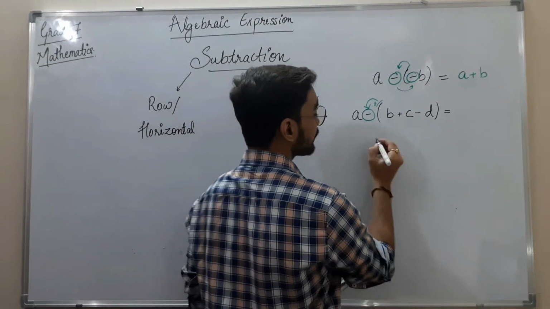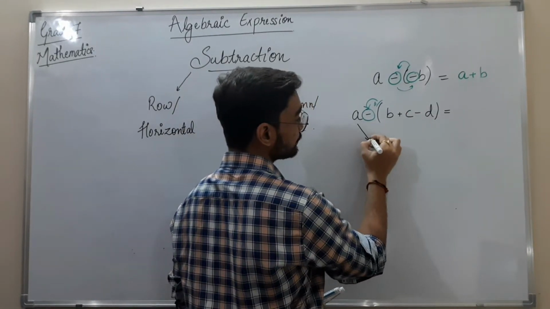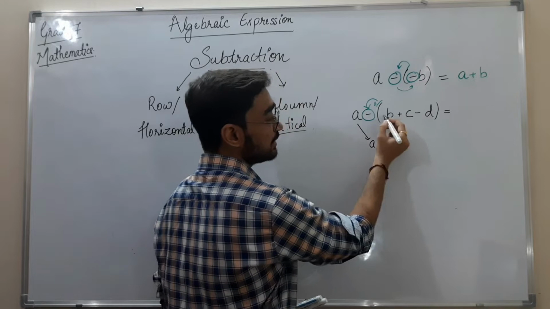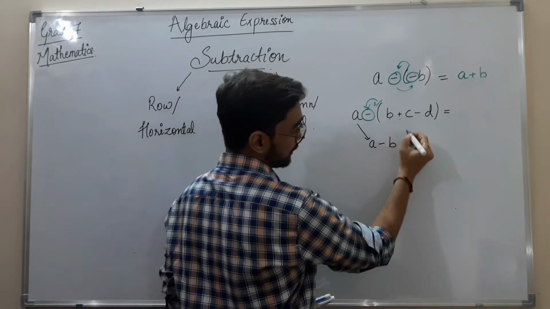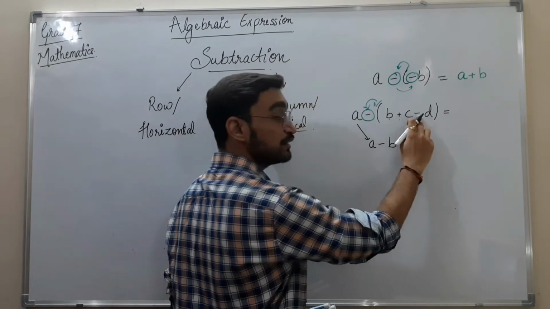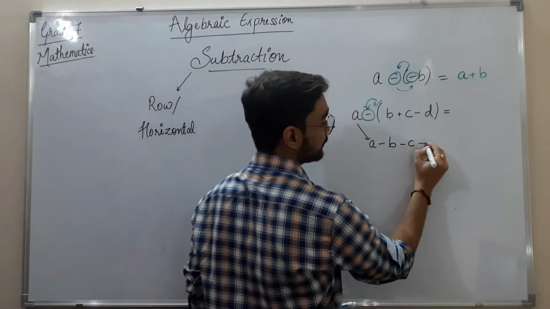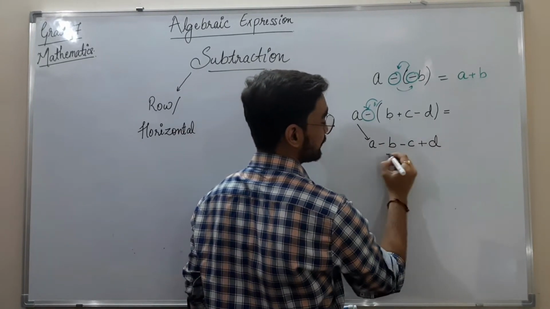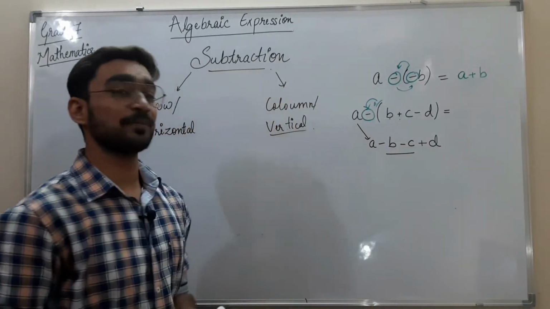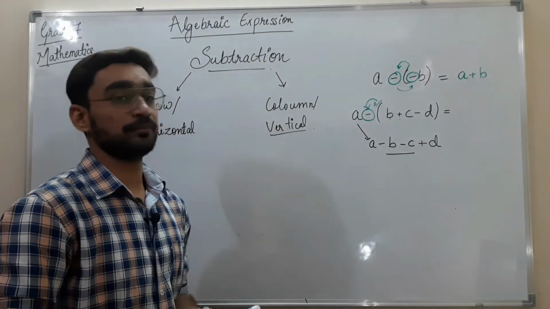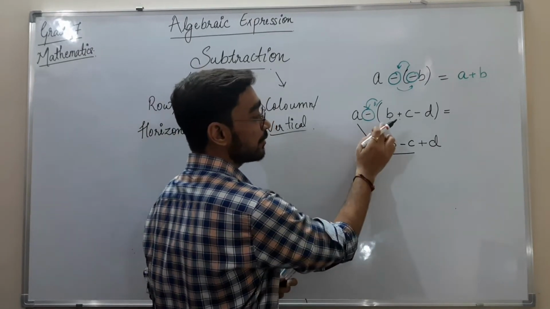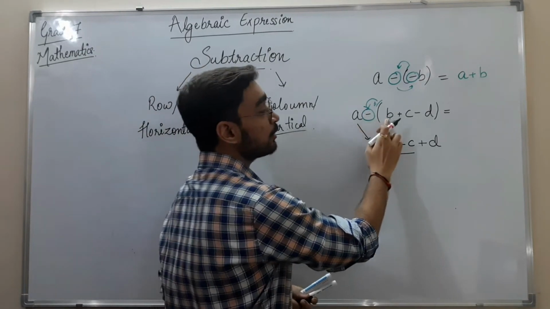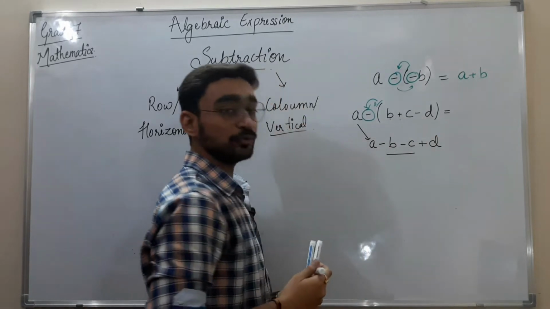It will become a, then this b is actually a positive one, so it will become minus b minus c, and this minus will become plus d. So a minus b minus c plus d. So whenever a symbol of minus is coming before a bracket, all the symbols inside the bracket have to change.